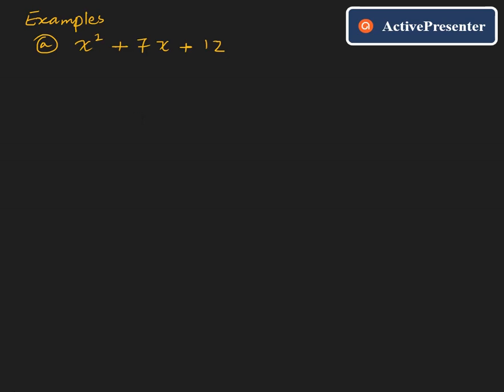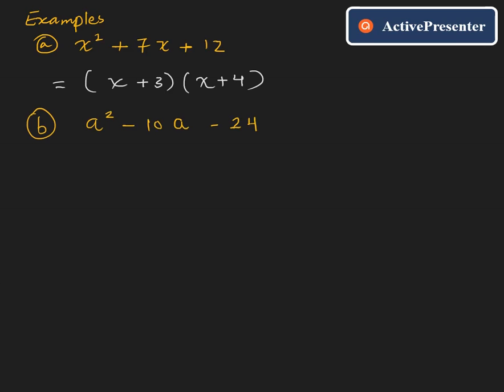So I will open parentheses, x here and x here. What are the numbers whose product is 12 and whose addition is 7? I would say plus 3 and plus 4. If you multiply 4 by 3, you will get 12. And if you add them together, the sum is plus 7.